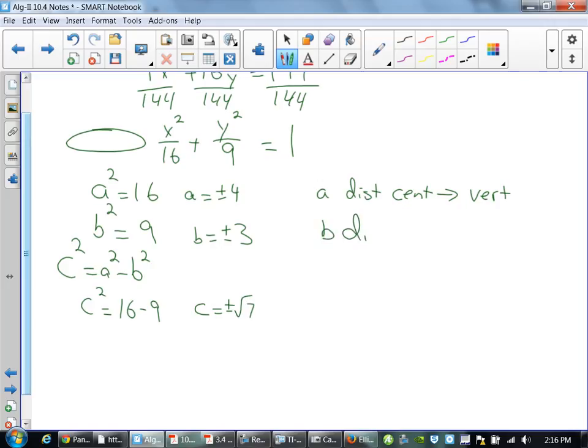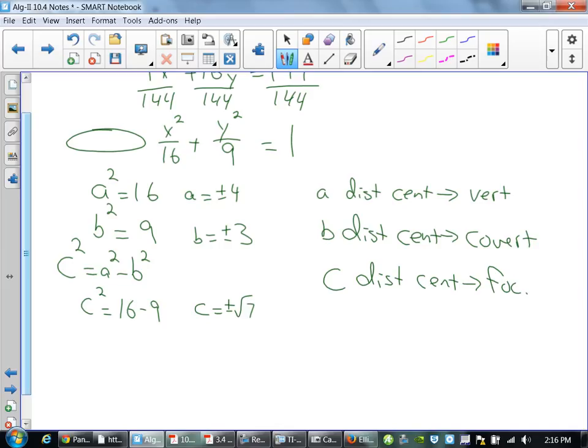B is the distance from the center to co-vertex. C is the distance from the center to the focus. By remembering what each of those values stand for, it is so simple to plot them.